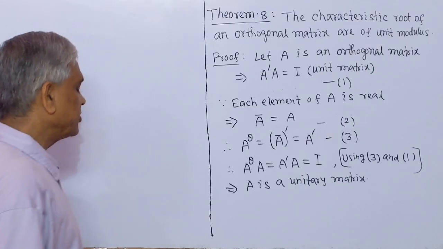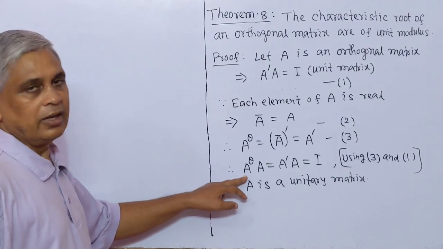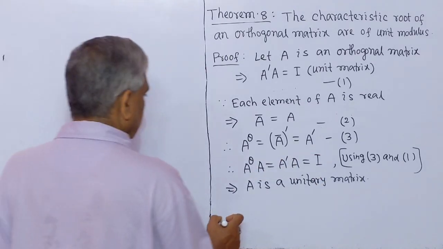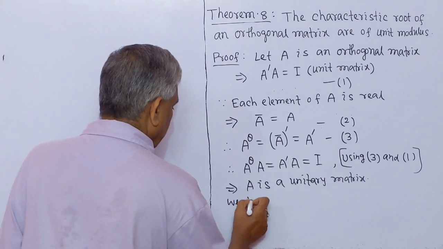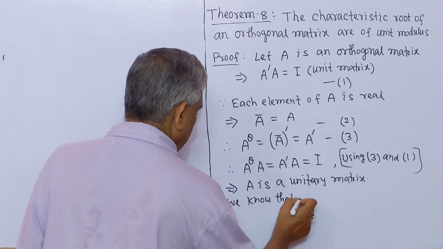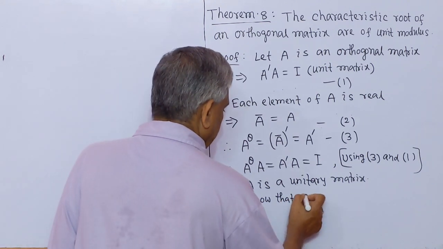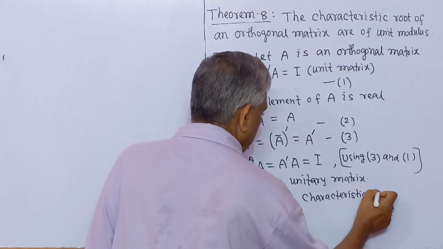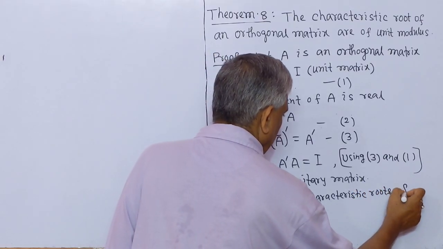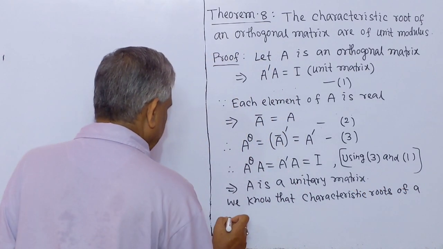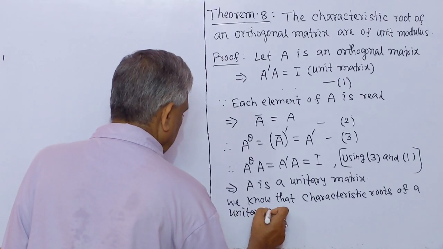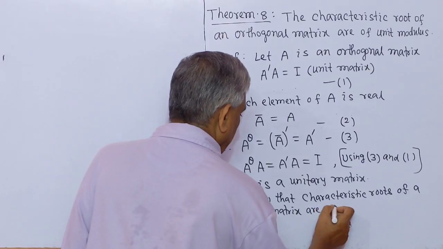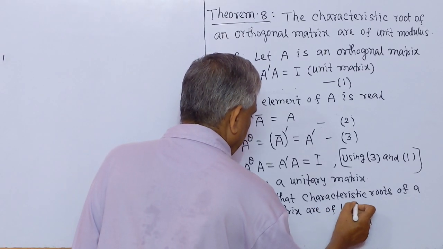In a unitary matrix, A^θ multiplied by A is the unit matrix. We know that the characteristic roots of a unitary matrix are of unit modulus.